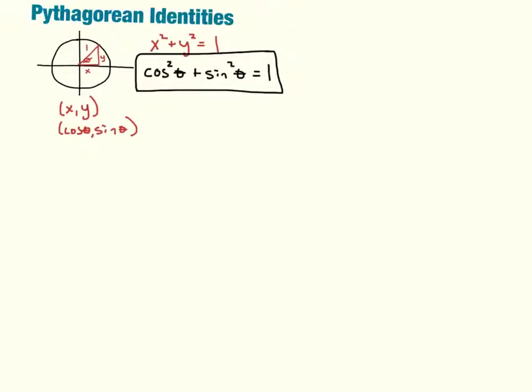We can take this and we can manipulate the equation. Like if I wanted to solve for cosine squared theta, I could say, okay, then cosine squared theta equals 1 minus sine squared theta. Or the same thing, if I wanted to solve for sine squared theta, that'd be 1 minus the cosine squared theta.